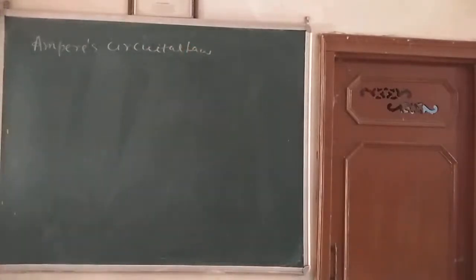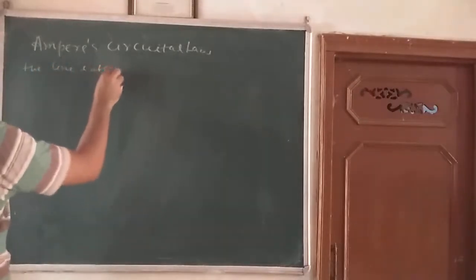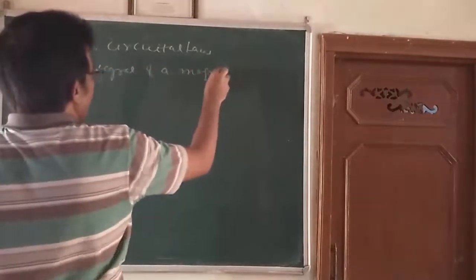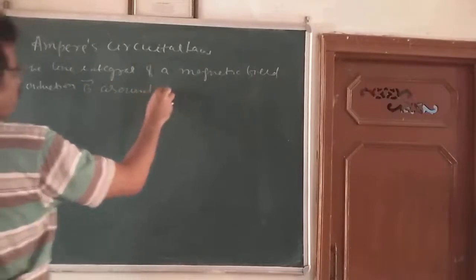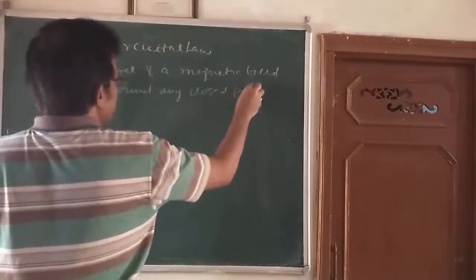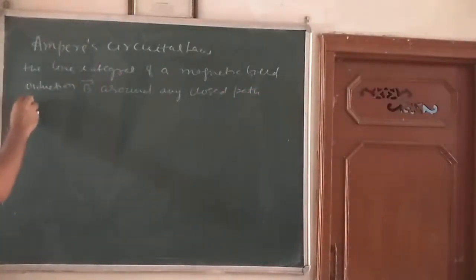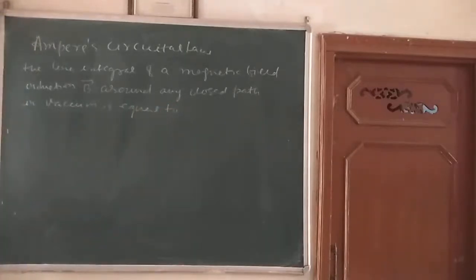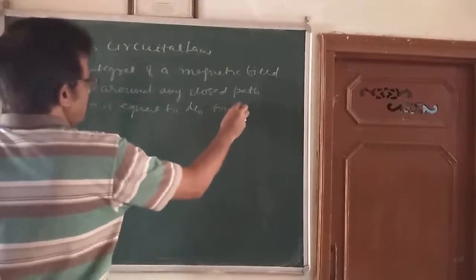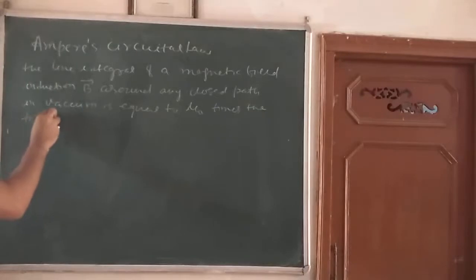It states that the line integral of a magnetic field induction B, this is the magnetic field, around any closed path in vacuum is equal to mu naught times the total current passing through the surface.